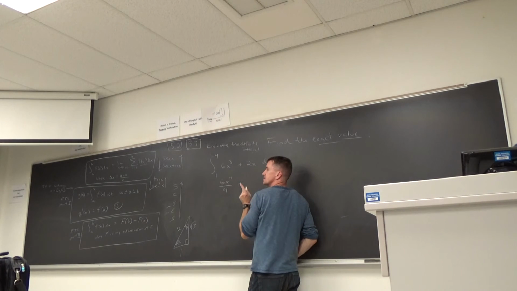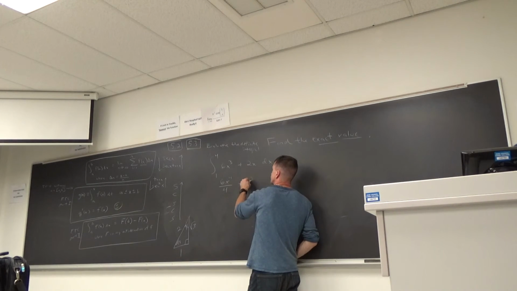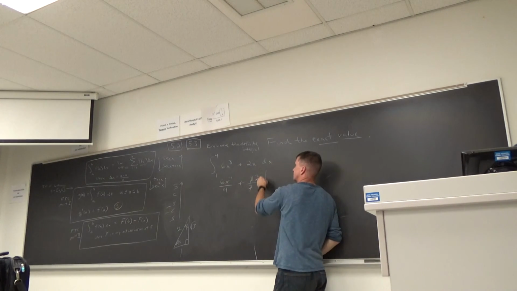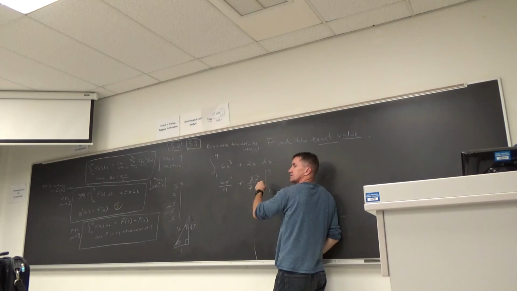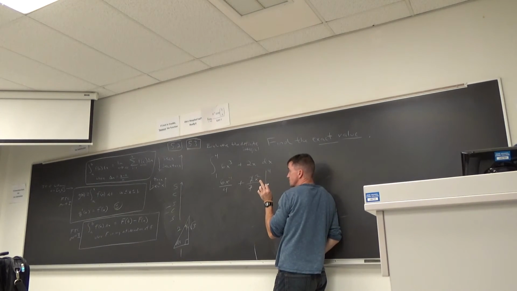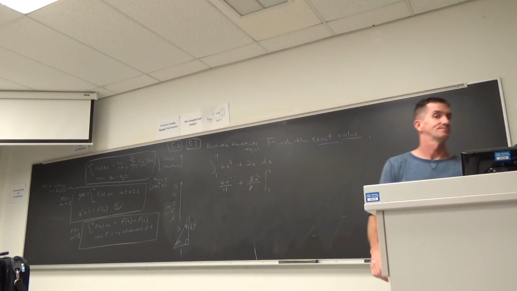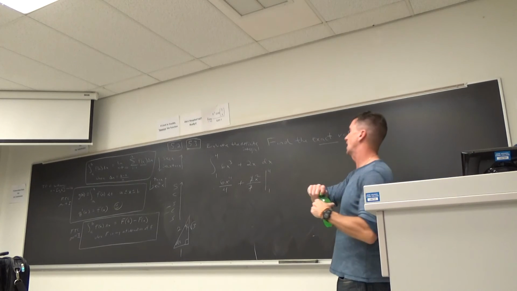How about 2x? X squared. Do I have to put the plus c's? No. Good. Now what am I substituting first? 4. Then I'm going to substitute a 1. And what am I going to do with these? Subtract.